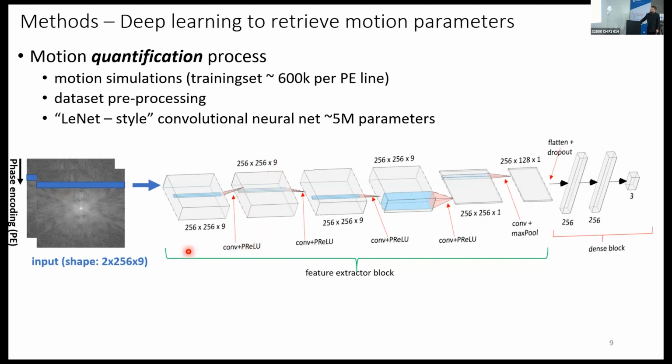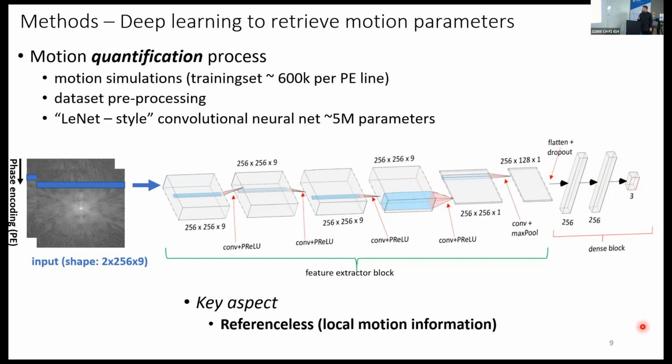It has what is traditionally referred to as a feature extractor block. The input is fed to the neural network, and it undergoes a series of convolutions. And in the end, we have what is sometimes interpreted as a classifier, but here it's rather a regression problem, because we predict these three real values, angle, TX and TY.